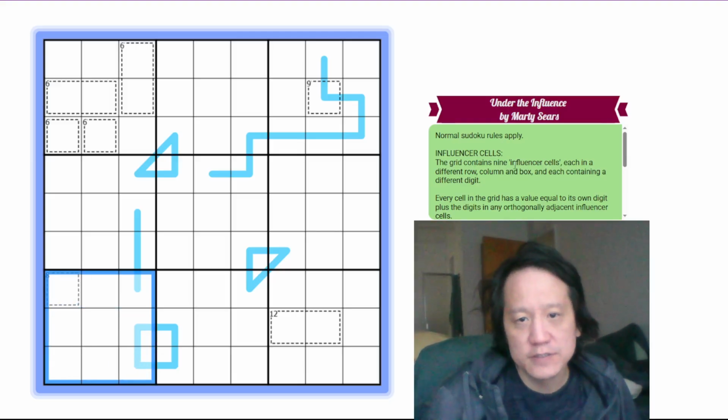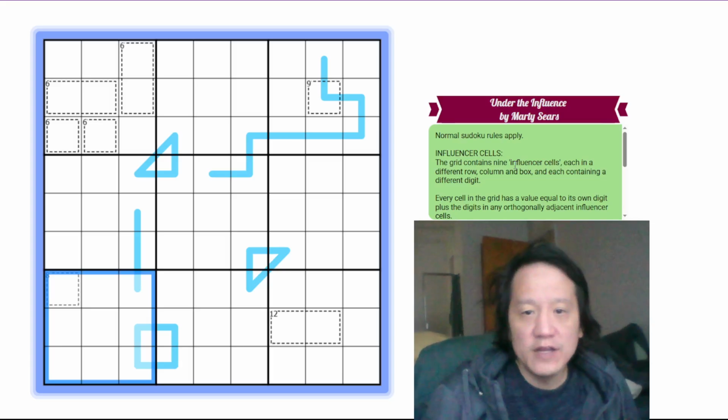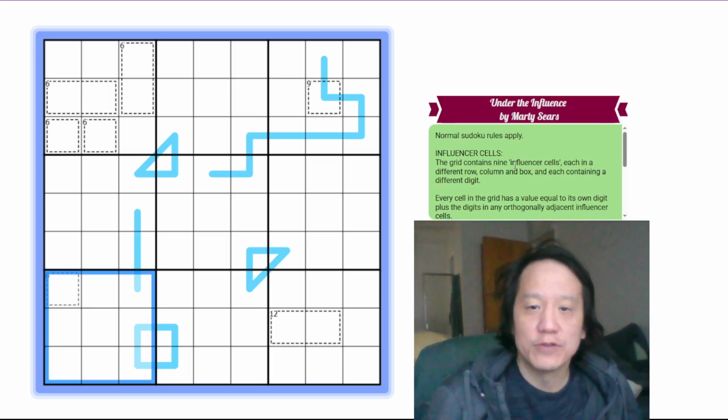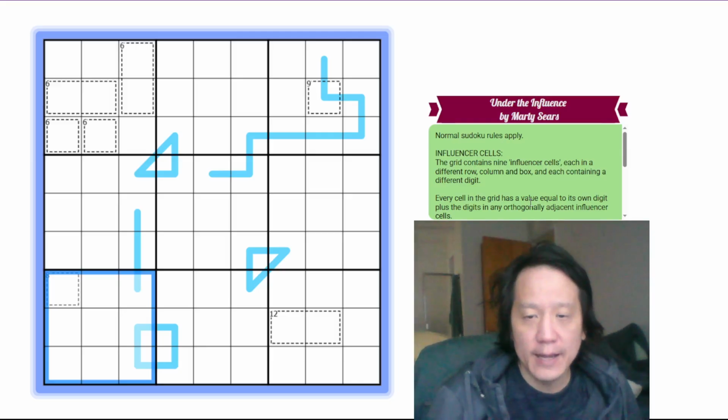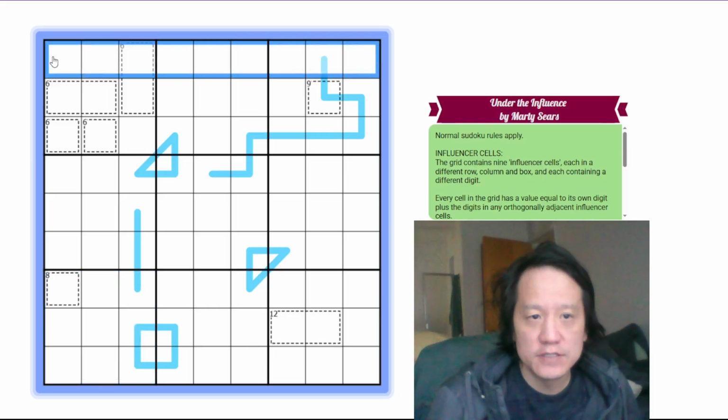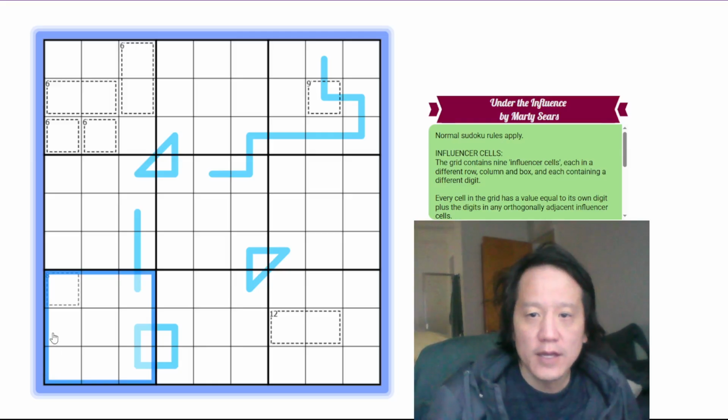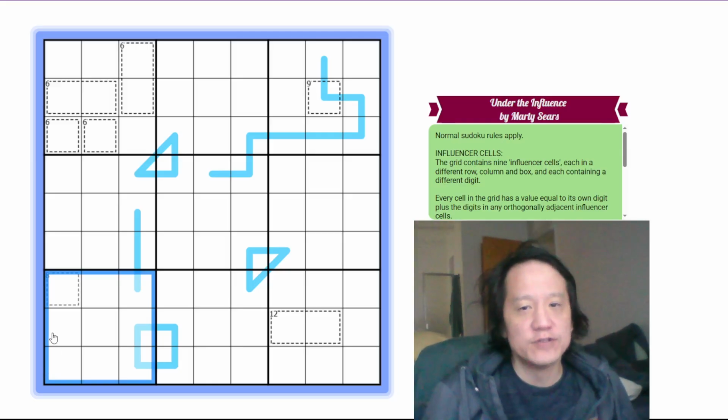We have influencer cells, where the grid contains 9 influencer cells, each in a different row, column, and box, and each containing a different digit.